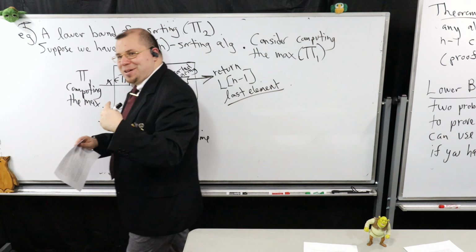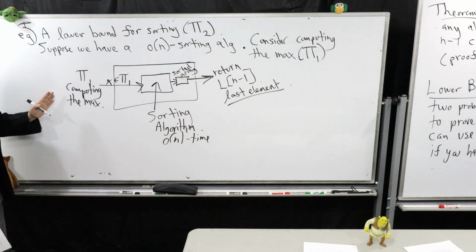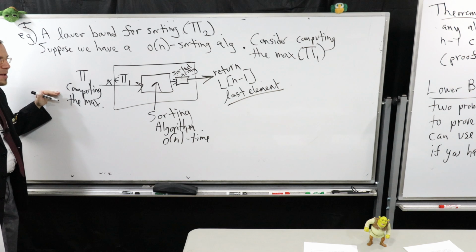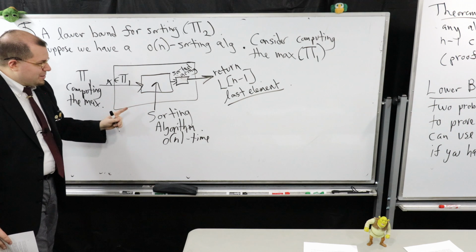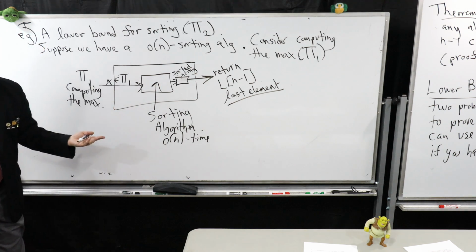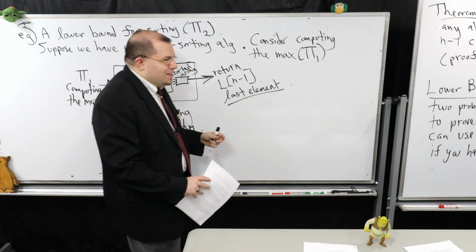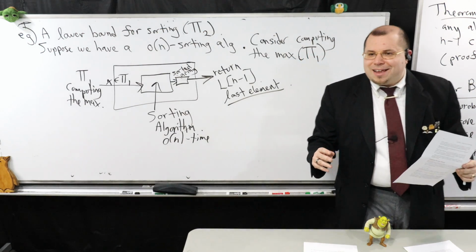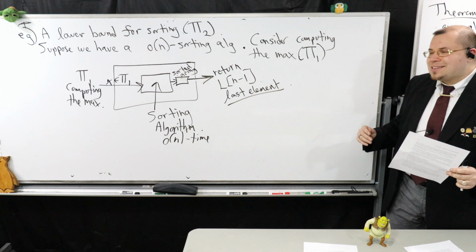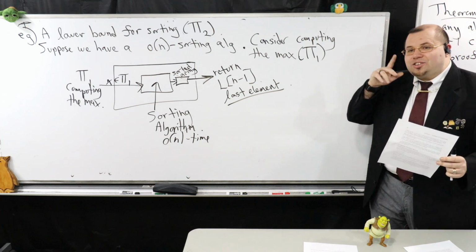However, if you look at this picture I just drew, I just gave you an algorithm for computing the maximum. But what's the time complexity of this? Well, I give it to the sorting algorithm, I end up with a sorted array, and then I just return the last element. So how long does this algorithm take, in terms of little o?